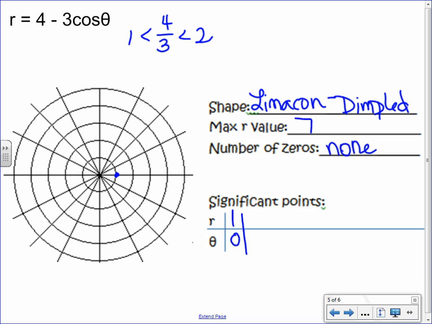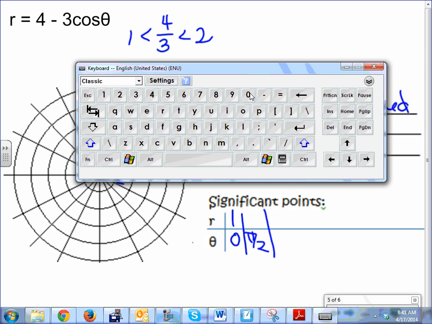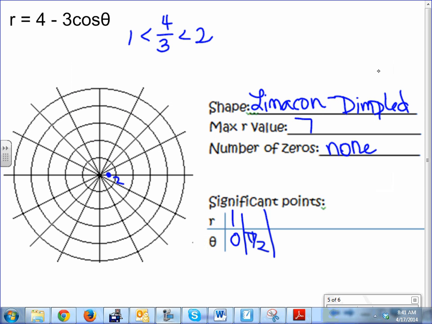I should probably count by 2s again. At pi over 2, cosine of pi over 2 is 0, so 4 minus 3 times 0.